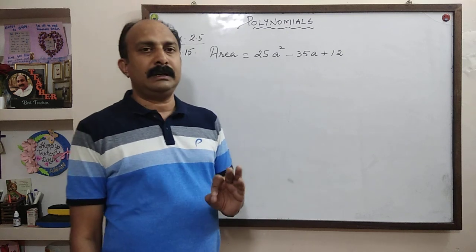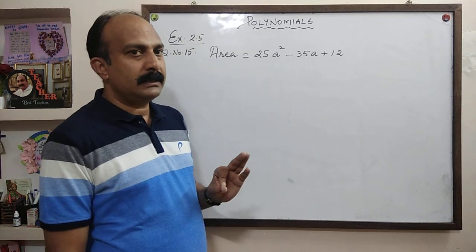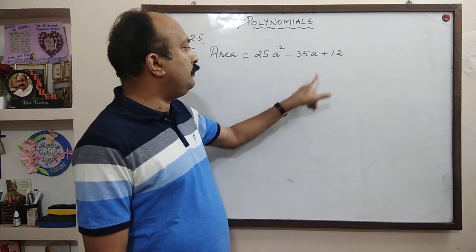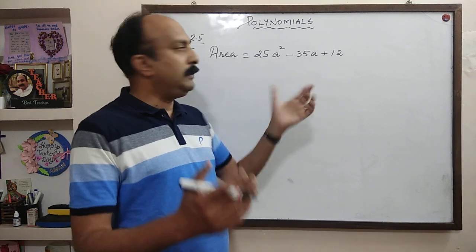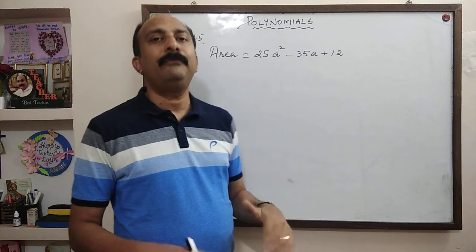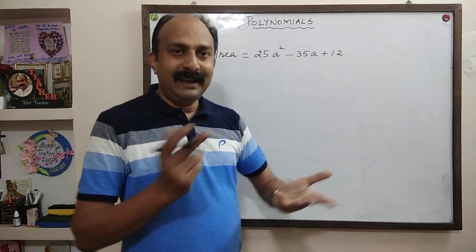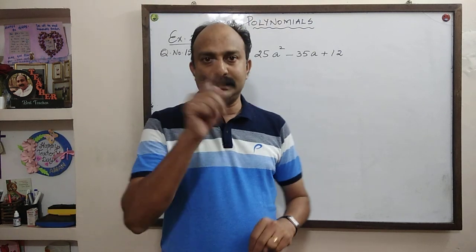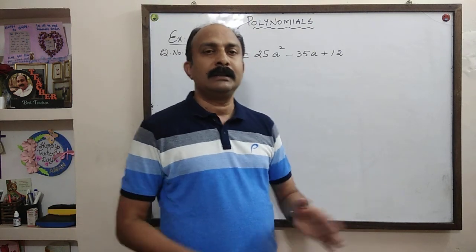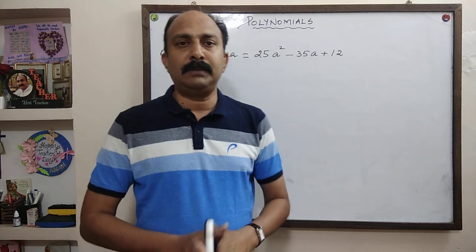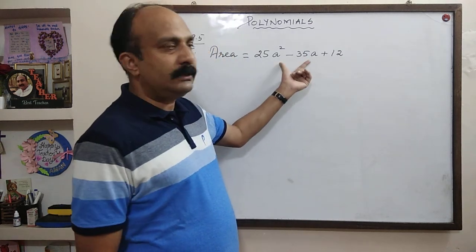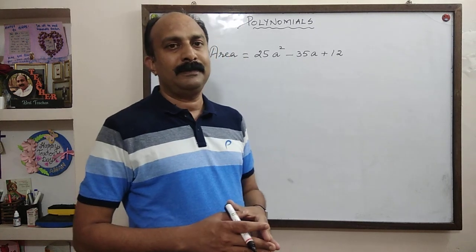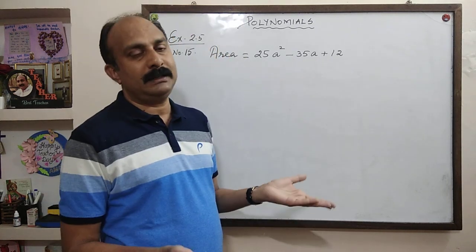So this question indirectly means you have to change it into L into B form. What do you mean by L into B form? Factorize. L and B are the two factors. Product means factors. So this question is nothing but factorize 25a square minus 35a plus 12 into two factors.